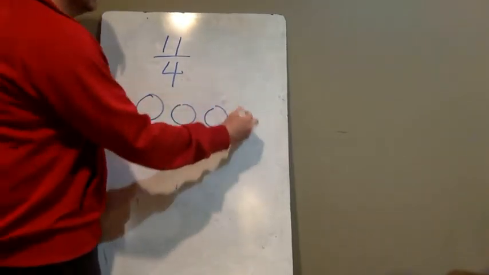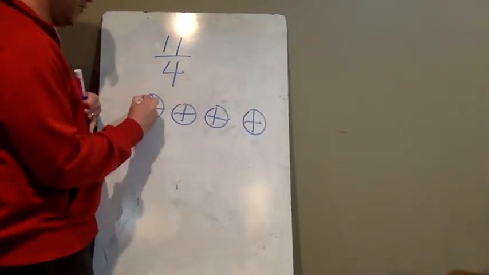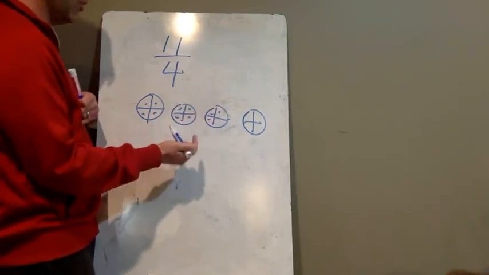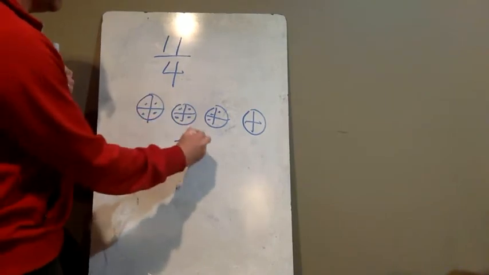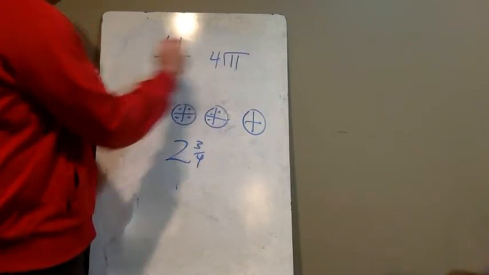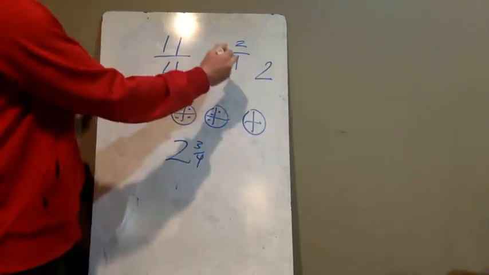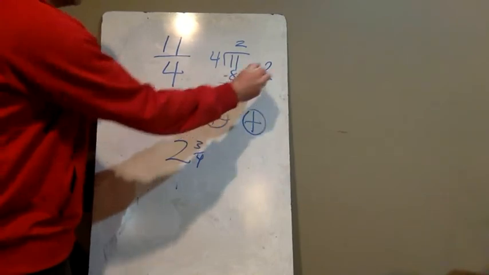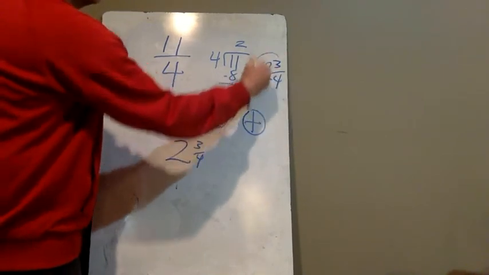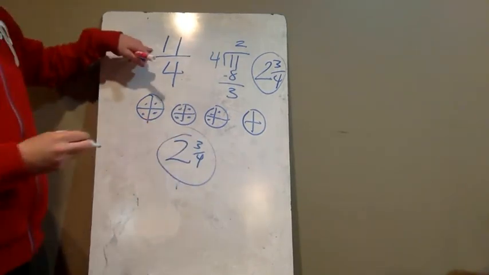Maybe you did it as a picture. 4/4 is 1 whole. 8/4 is 2 wholes. 9, 10, 11/4. 11/4 is 2 wholes and 3/4 left over. Or you could say numerator divided by denominator. 4 goes into 11 2 times. That's my whole number. 2 times 4 is 8, with 3 left over, out of 4. The denominator stays the same: 2 and 3/4. That's the mixed number, and this is the improper fraction.